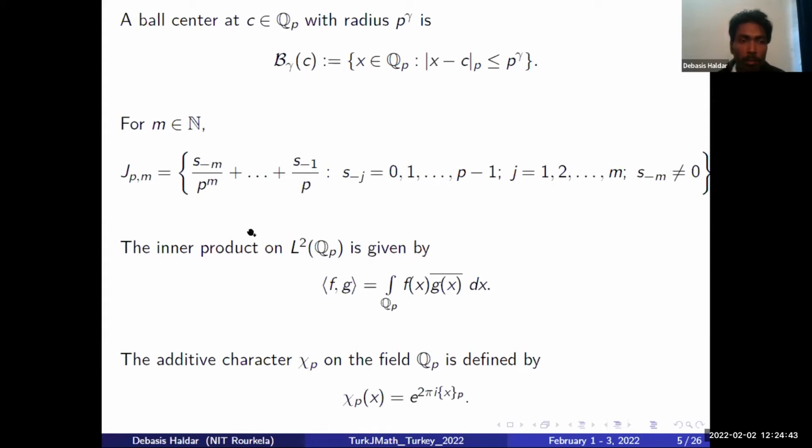The inner product defined on L2(Qp) is the integration of f(x) times the complex conjugate of g(x) dx, where the measure is the Haar measure. The additive character chi_p on the field Qp is defined as x goes to e to the power 2 pi i times the fractional part of x.